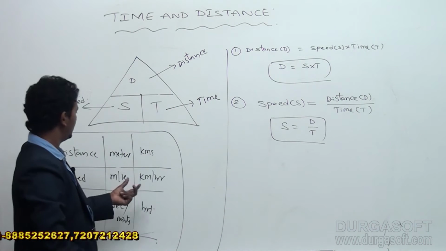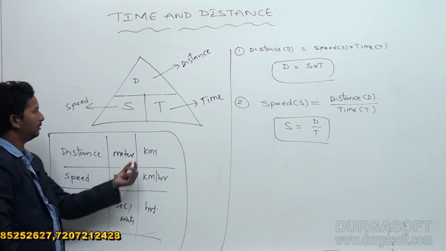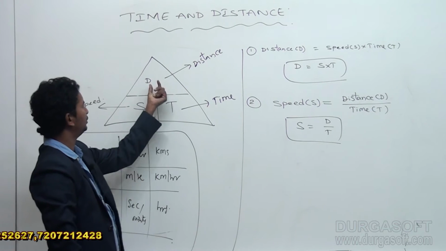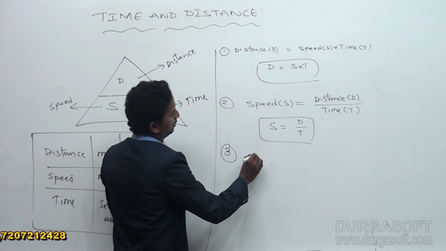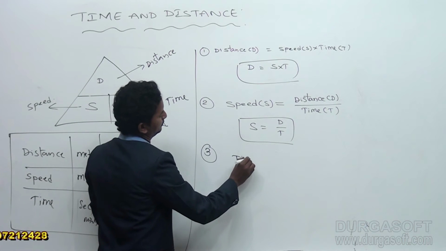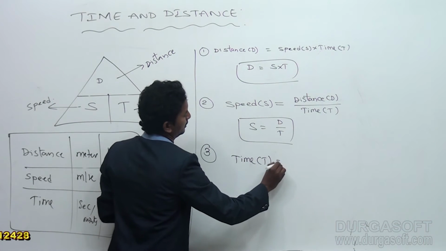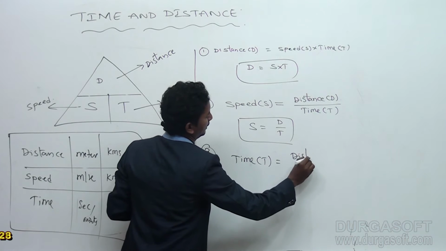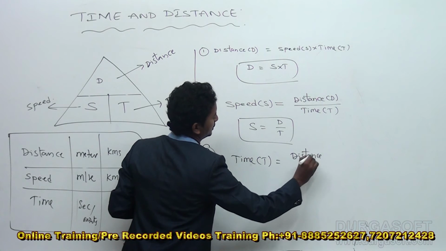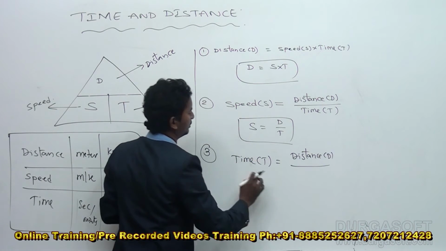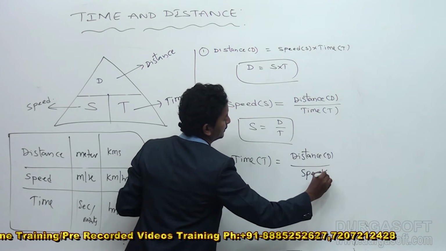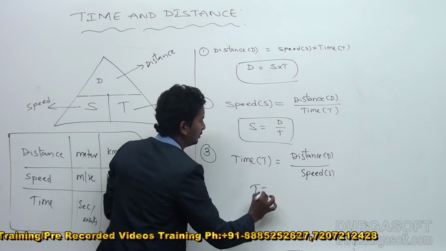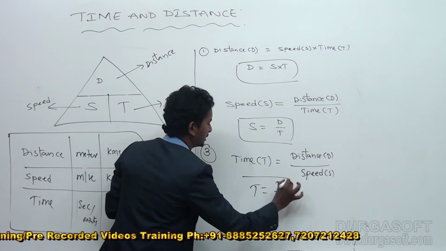One more: time is equal to distance divided by speed, so t is equal to d by s.